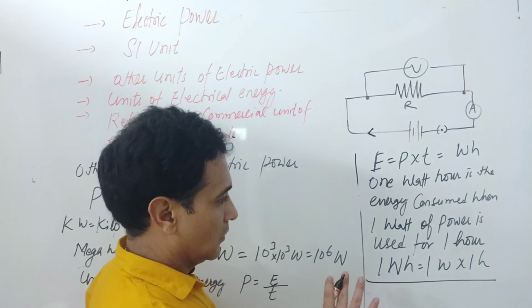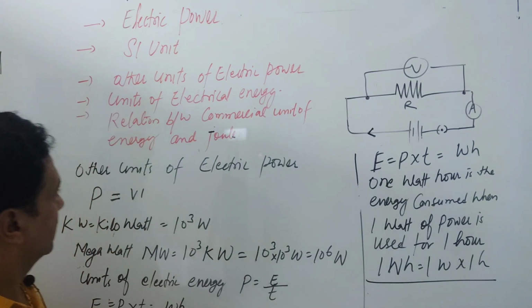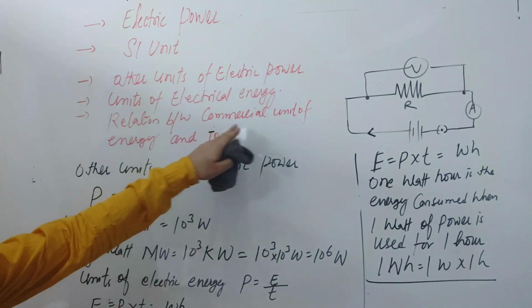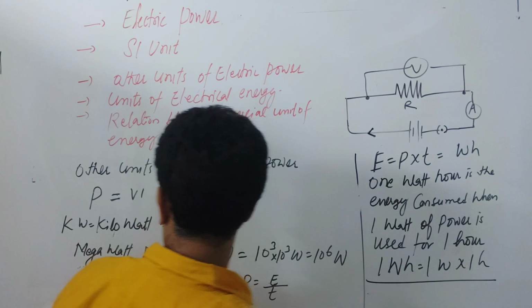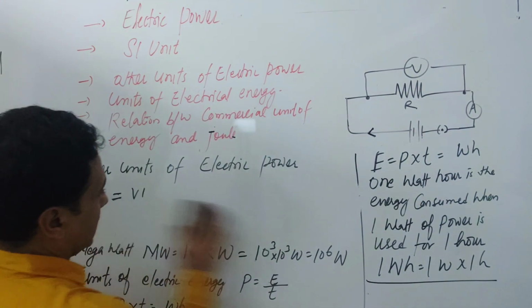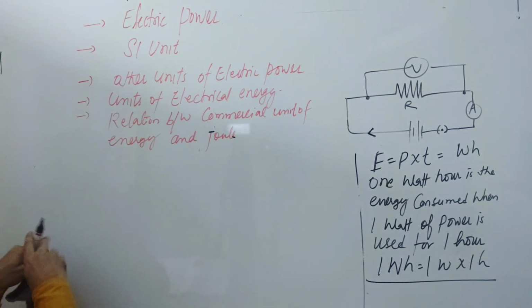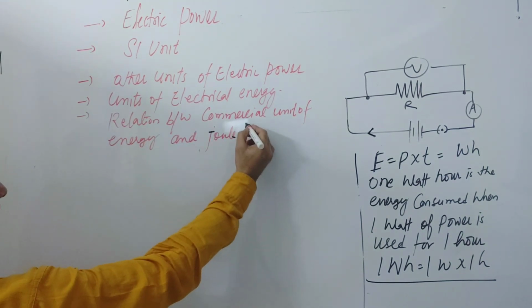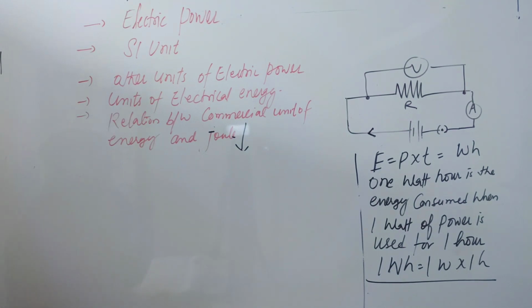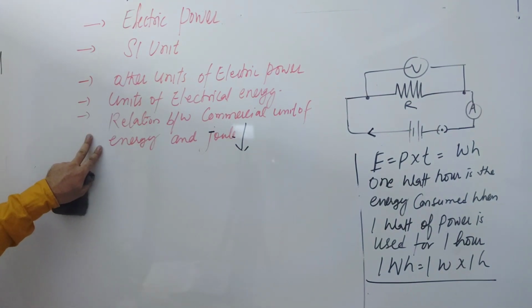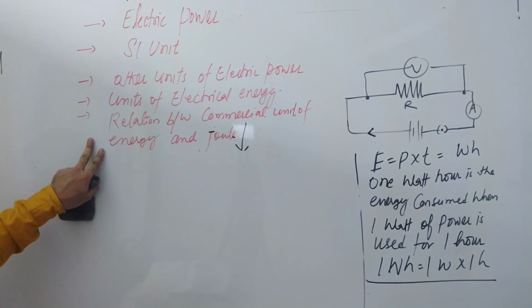Now we will write the relation for the commercial unit of electric energy. We will discuss this commercial unit of electric energy. 1 watt hour is the energy consumed when 1 watt of power is used for 1 hour.